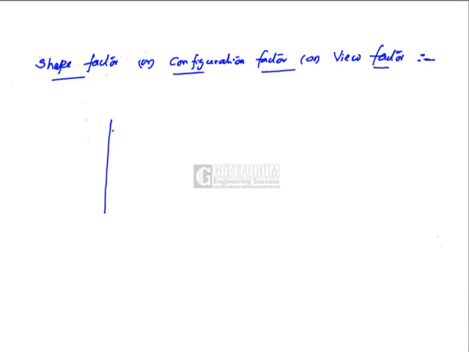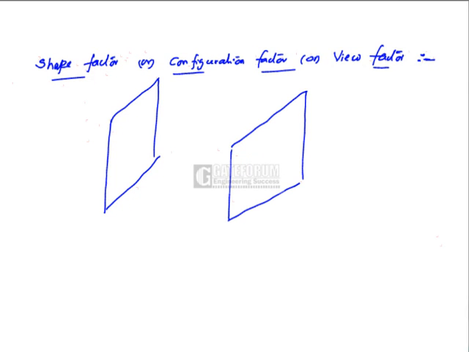For example, if I consider two surfaces which are exchanging heat by radiation, this is surface 1, this is surface 2.